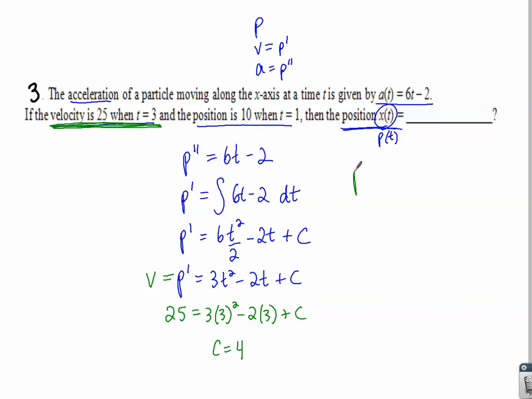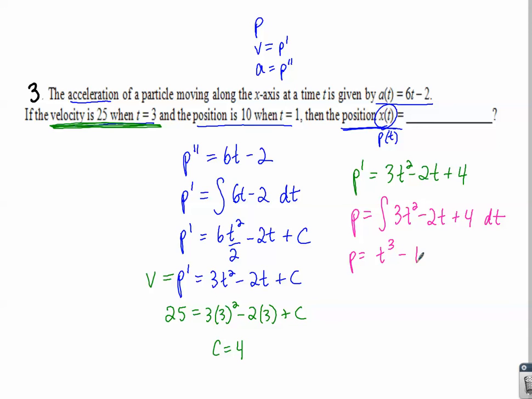Let's rewrite our P prime, or our velocity function, as 3t squared minus 2t plus 4. Well, I need position, not P prime. So P equals the antiderivative of 3t squared minus 2t plus 4 with respect to t. Add 1 to the exponent, divide by the new exponent, which gets rid of the 3. Same thing in this, and 4t plus c.